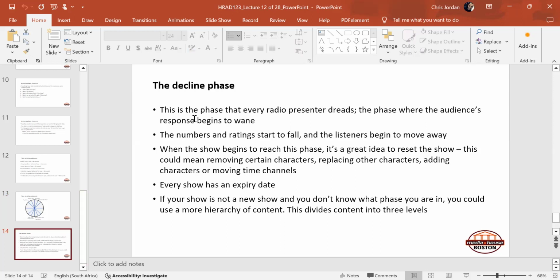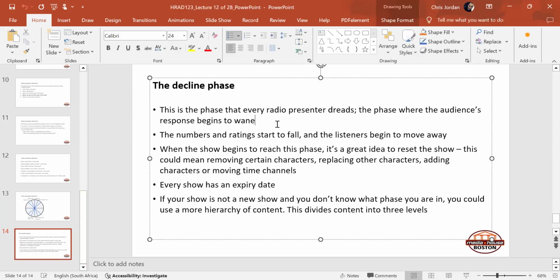Okay, so the decline phase. This is the phase that every radio presenter dreads. They know it's going to come. It's the end of the show, at the end of their journey. Things need to end some time. They can last for years. We can look at shows that have had the same presenters on the same slot, same team, for up to 10 years. But after that, it's questionable.